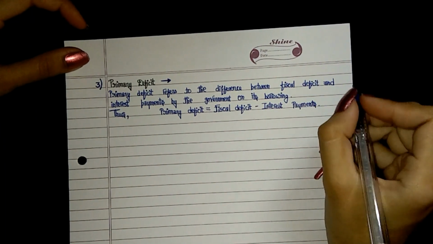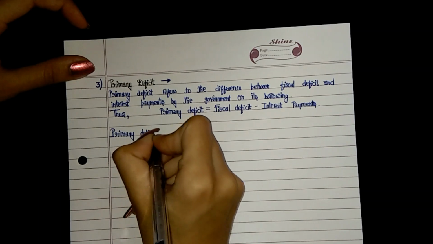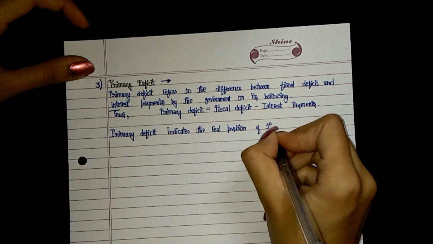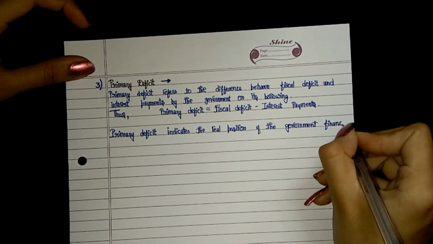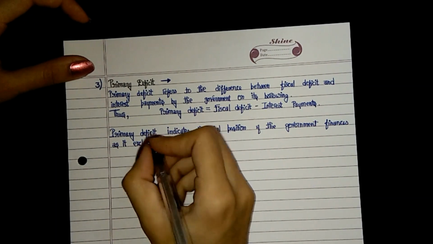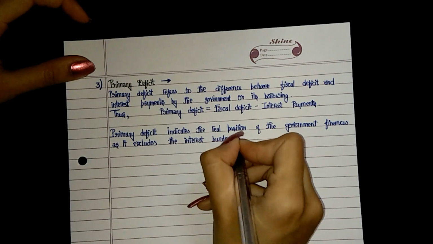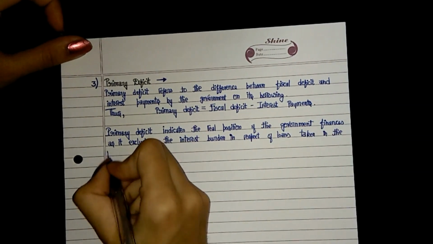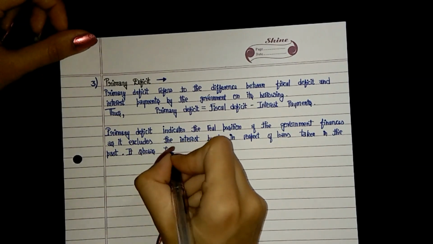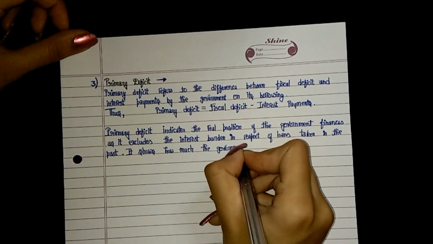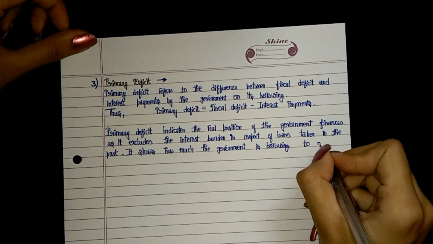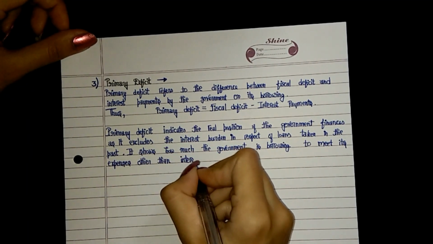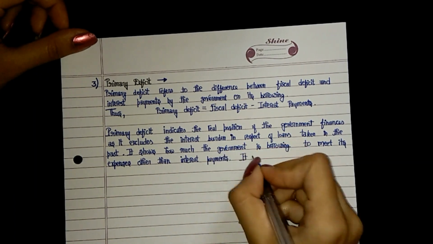After that, leaving the paragraph about the revised budget estimate, and just under that there is a box, from "primary deficit indicates the real position", you may write it till the last point, "conducting its final affairs". This is the last paragraph you have to write for the primary deficit.